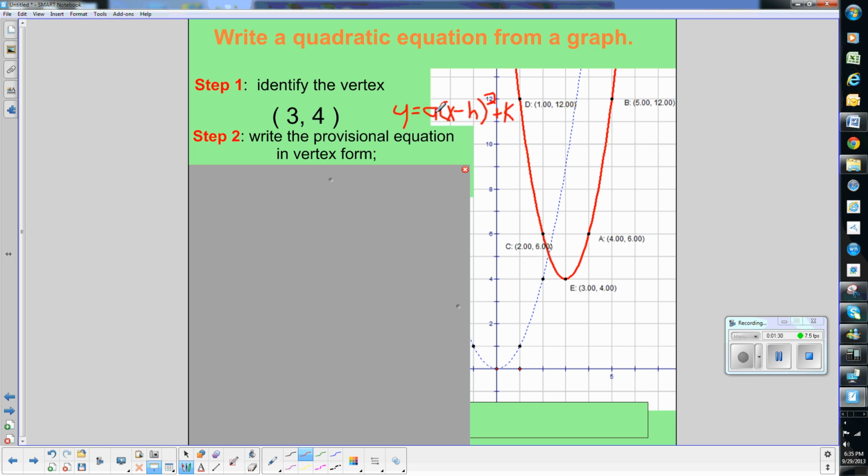Okay, that's not a 9, that's an a. Okay, so that is the vertex form.